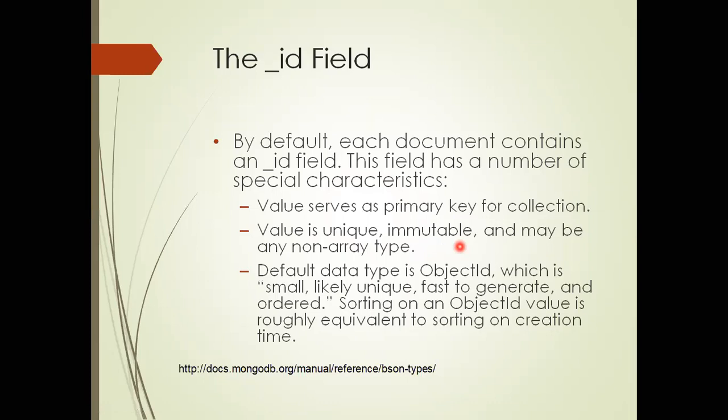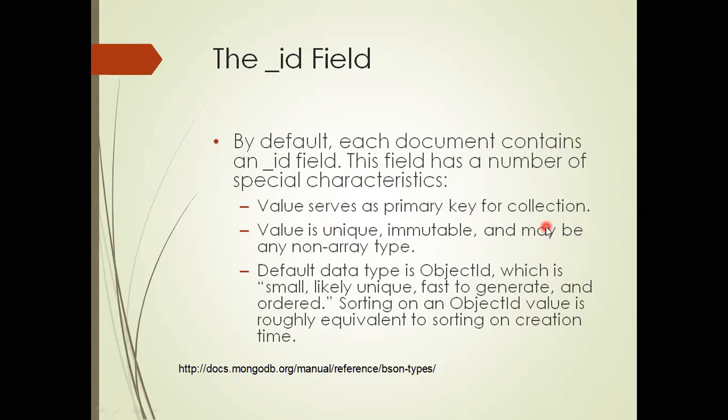So by default, each document contains an ID field. We have already discussed the ID field. This field has a number of special characters. Basically, if this is auto-generated, then it will consist of a combination of character values and integer values. This value serves as the primary key for the collection.